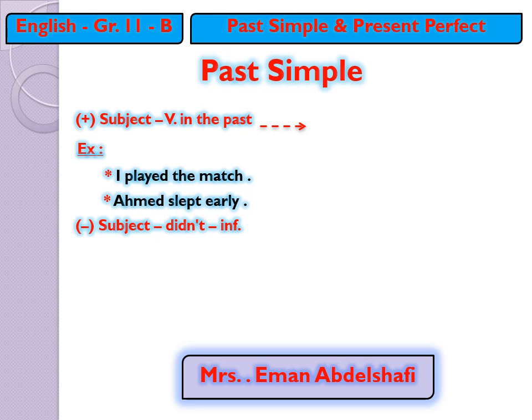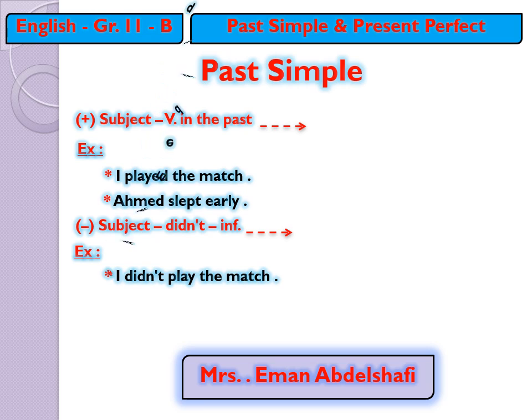Now, let's have a look at the negation, which we form by using didn't after the subject. Subject, didn't, infinitive, and completion. Example, I didn't play the match.